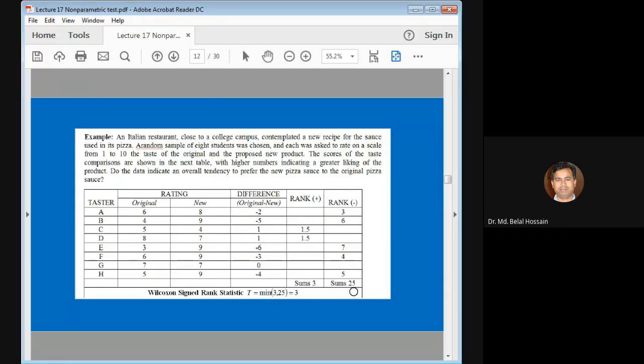It sums to 25. So we are calculating T, that is the minimum of 3 and 25. The minimum of 3 and 25 is 3, so this 3 is our test statistic. Do you have any question?